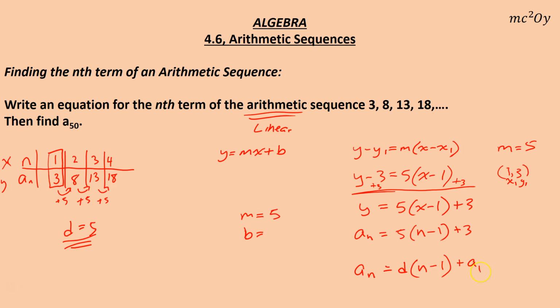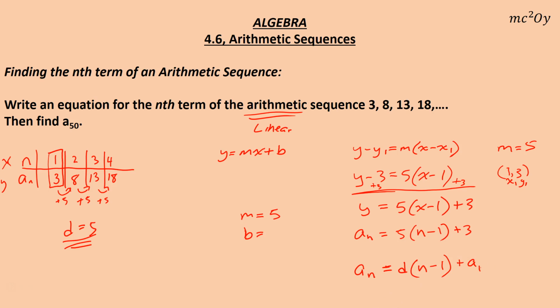Now, that is pretty darn close to what we call the explicit formula for finding an arithmetic sequence. Notice I didn't change the 1 because the 1 is always 1. a sub 1 means our first term. So we keep 1 right there.